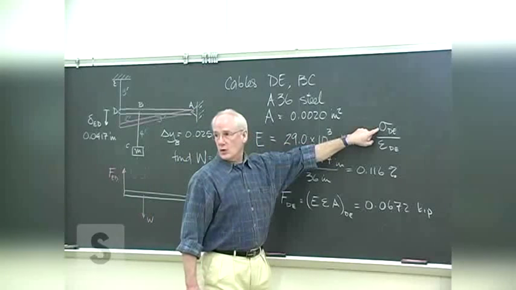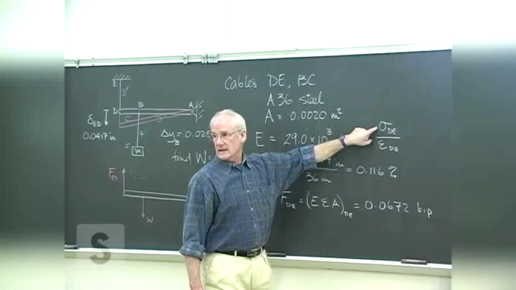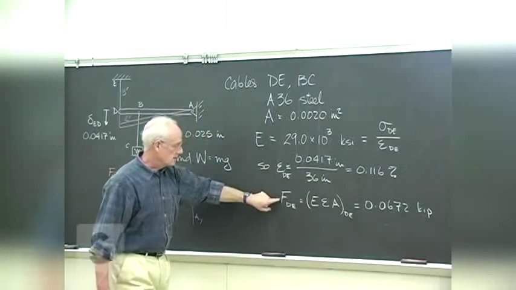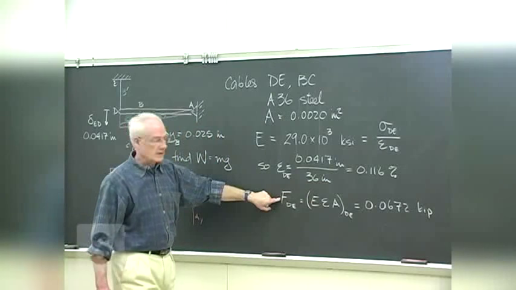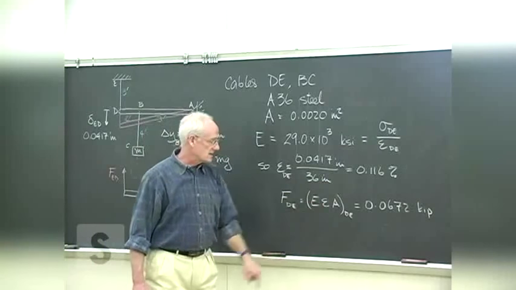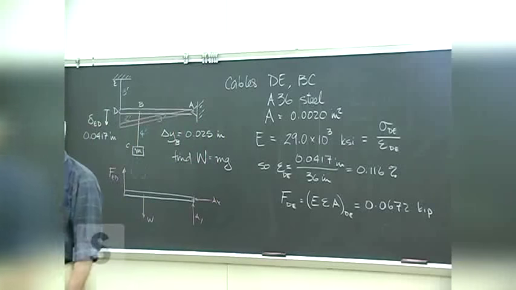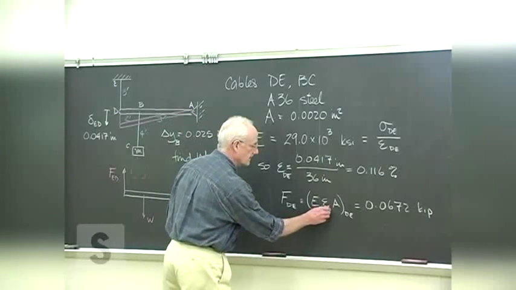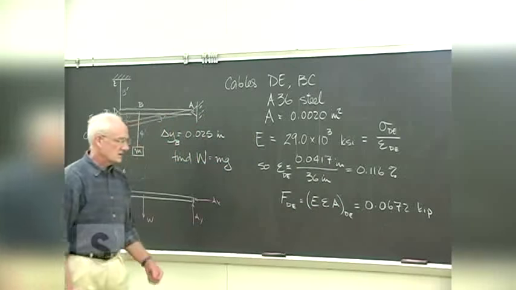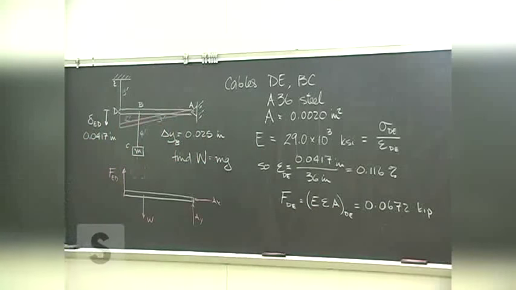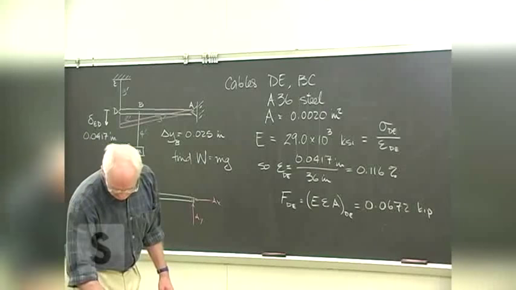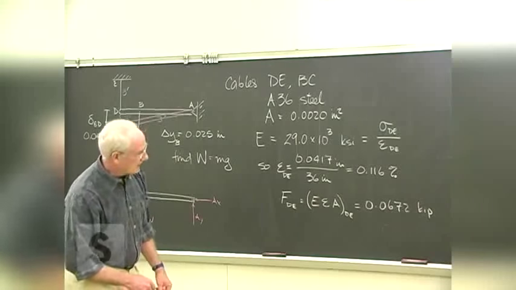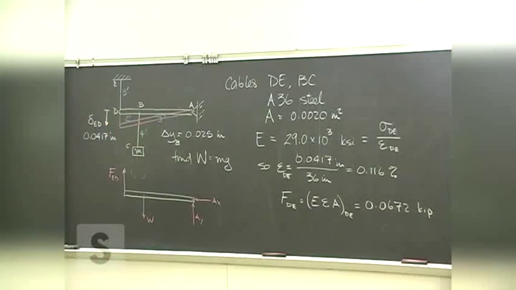The load that will cause that strain is in here in the stress, and that's what I've done here, I've solved for it. It's just .112. E epsilon A, all three of those are now known. So you can find the load in there, and then from that find the extra load. Yeah, that looks like it. That's right.